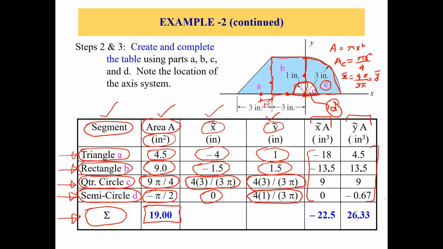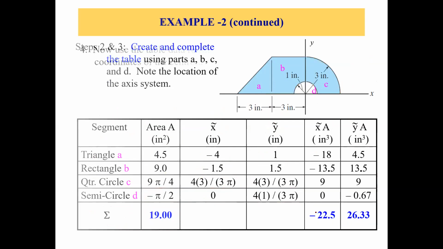Then sum up x bar times area of all the parts, so we get negative 22.5 inch cube. And y bar times area, so we get 26.33 inch cube, right? So that's how we are done with this table.